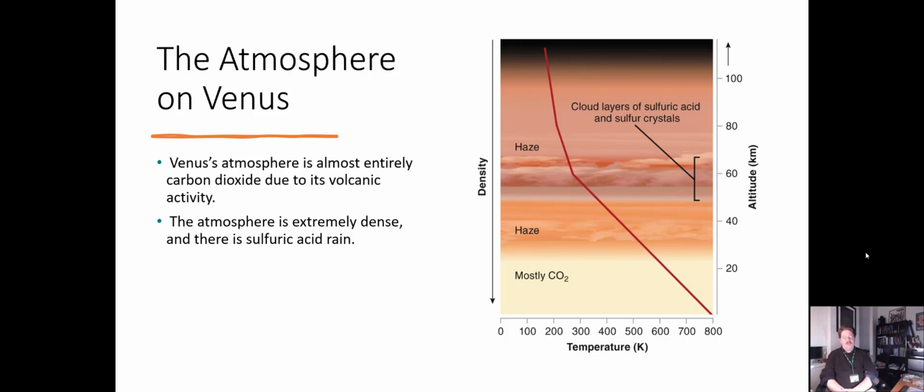As you go to higher and higher altitudes, the temperature simply cools until you get to the very top of the Venusian atmosphere, at which point you hit the thermosphere or ionosphere, and the temperature drastically increases with altitude. I've already mentioned that the atmosphere of Venus is exceedingly dense, rains sulfuric acid, and contains sulfur crystals.